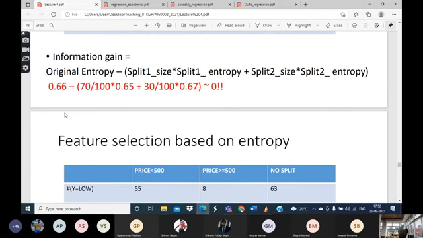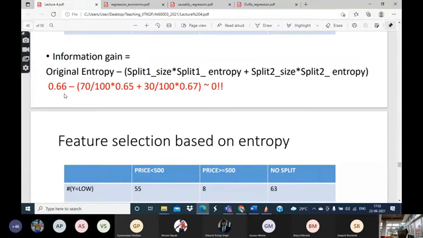Entropy is basically a measure of randomness: the more the entropy, the less the information. If a set has high entropy, that means it contains a lot of uncertainty, a lot of randomness, and hence it contains low information.